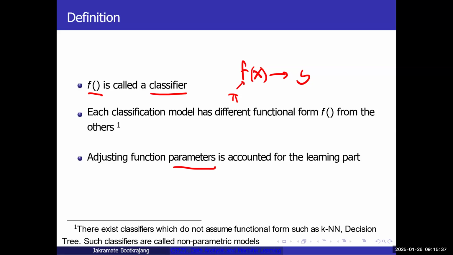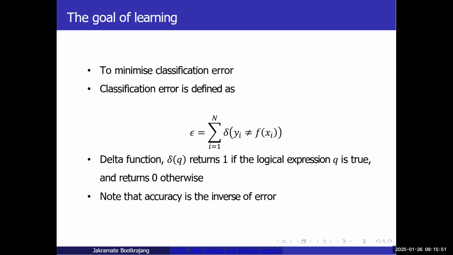So defining the function is one task. Adjusting the function parameters is another task. The final goal of learning is that you want to minimize the error. So what is the error? The error is when you predict incorrectly.